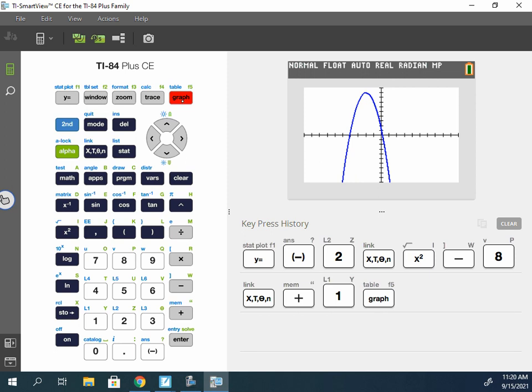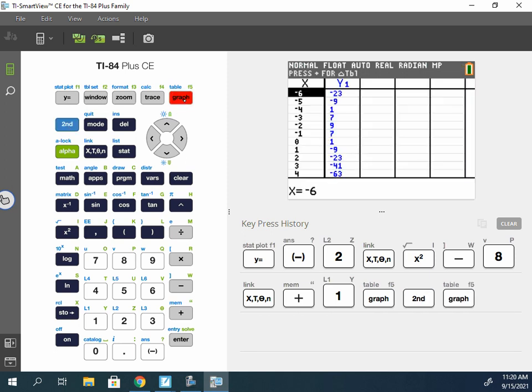Well, what we can do also is if we hit second graph, it will pull up a table. So it'll tell us if we go to negative 2, the y value when x is negative 2 is what?